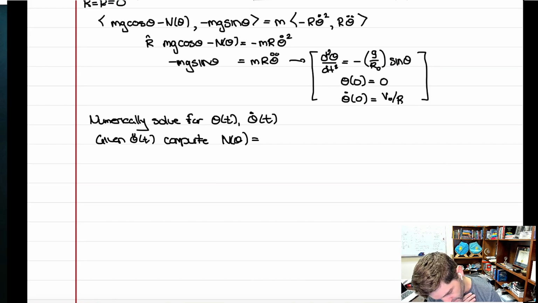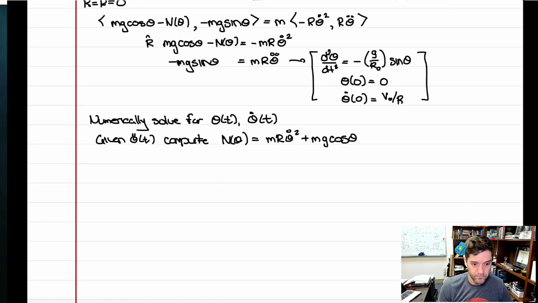I've lost it. Looks like it's going to be m r theta dot squared plus mg cosine theta. Which, again, if you numerically know theta as a function of time, as well as theta dot as a function of time, you could plug those in and numerically get an expression for N as a function of time in that case.